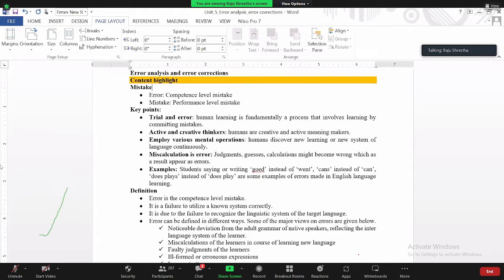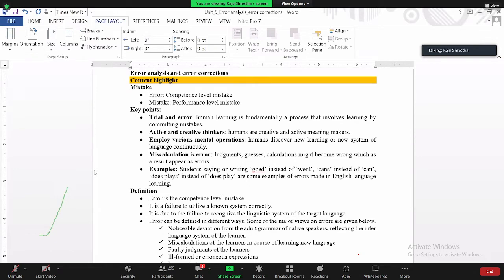When we engage in communication, or when we produce English, at that time we can have some kind of slips, tongue slips, due to perhaps tiredness or fatigue, non-linguistic reasons, so we can make such mistakes at the performance level.